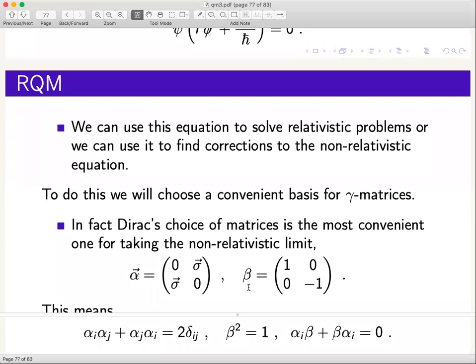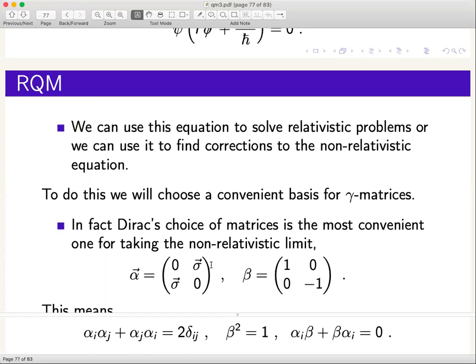If Pauli matrices are Hermitian, then under Hermitian conjugation of alpha, the sigma vector sits out here with a dagger, and the sigma going upstairs with a dagger. So alpha vector dagger would be 0, sigma vector dagger, sigma vector dagger, 0.